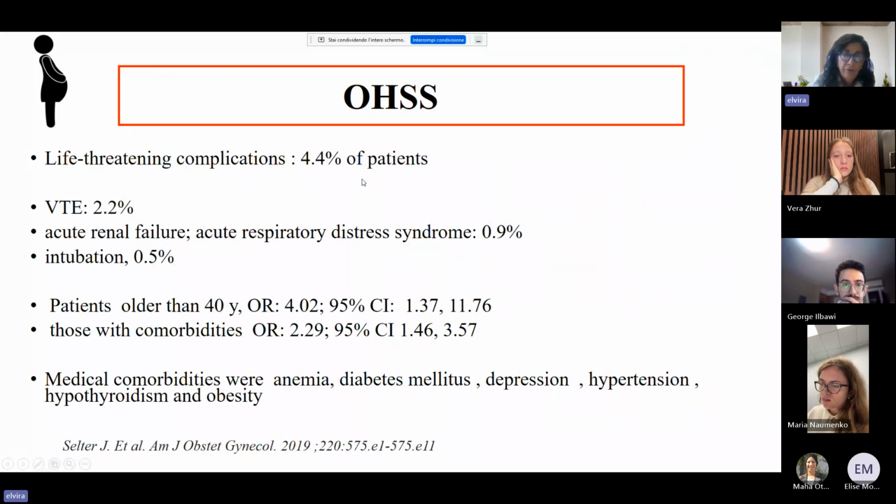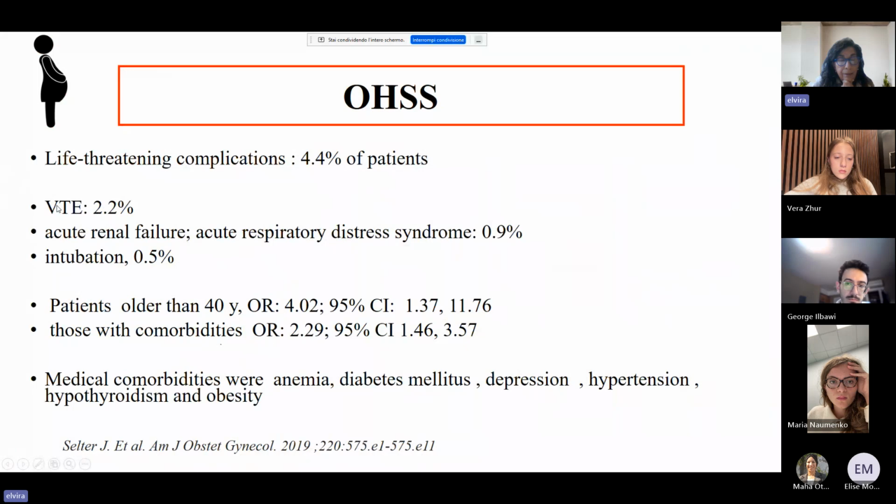Looking back at the ovarian hyperstimulation syndrome, as you can see here, women older than 40 and women with comorbidities have a higher risk, compared to younger women or to women without many comorbidities, to develop a VTE.